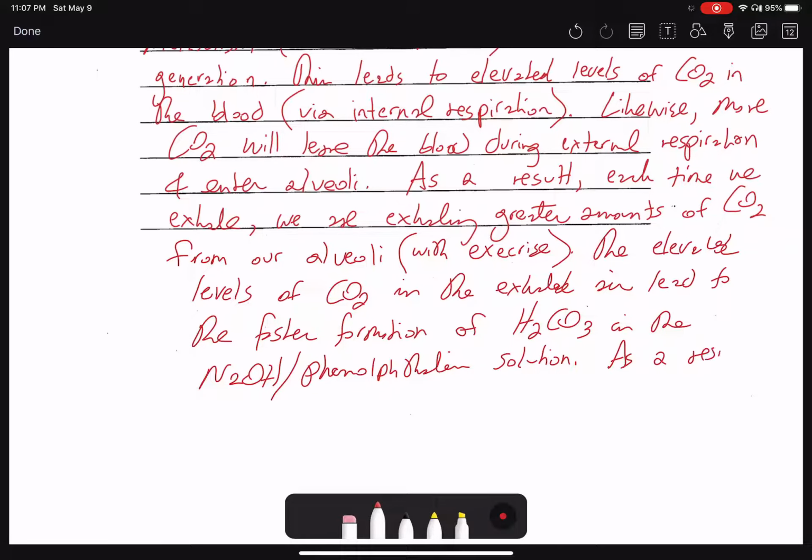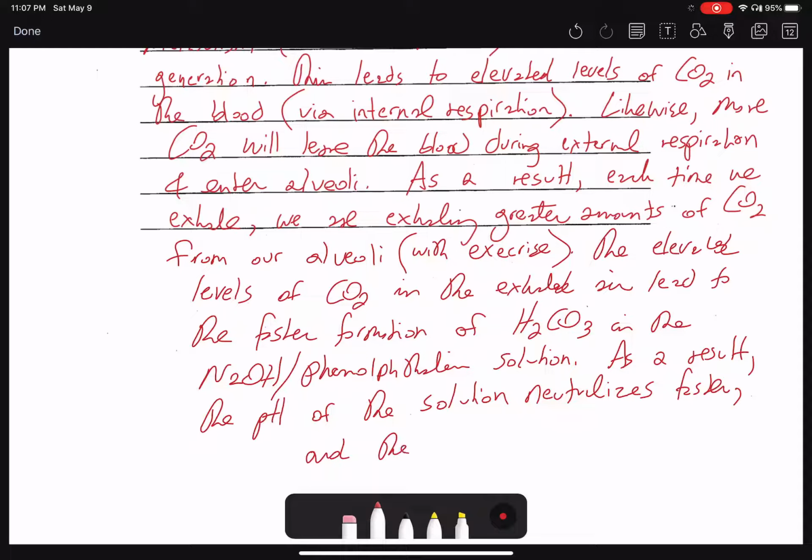As a result, the pH of the solution neutralizes faster and the solution turns clear faster.